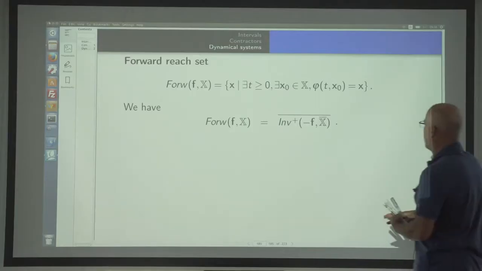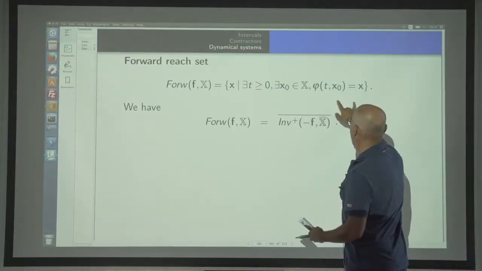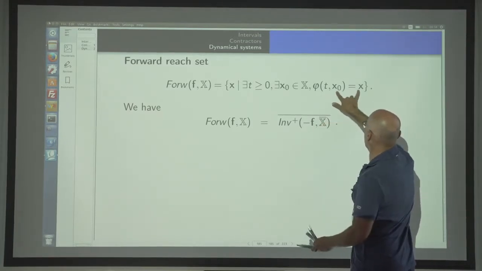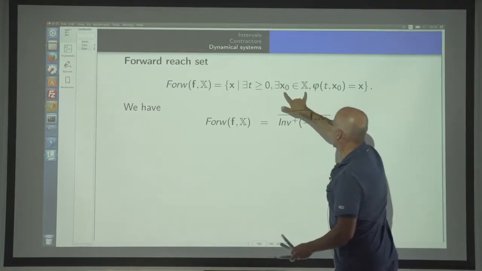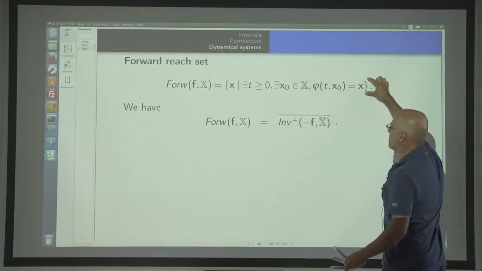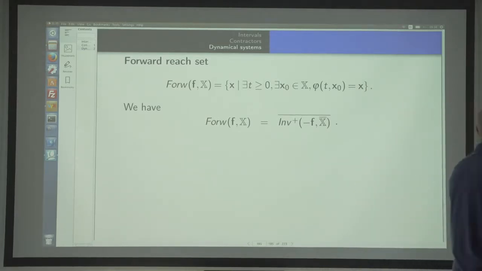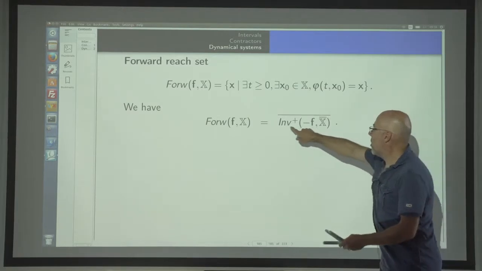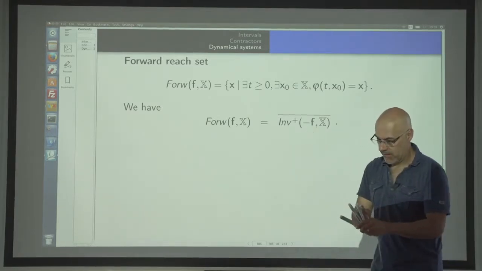What I have done here is replace f by minus f, inverting the flow, and replace the existence by belongs to x. I have obtained that this is equivalent to computing a positive invariant set.